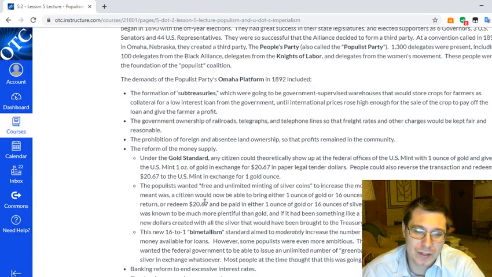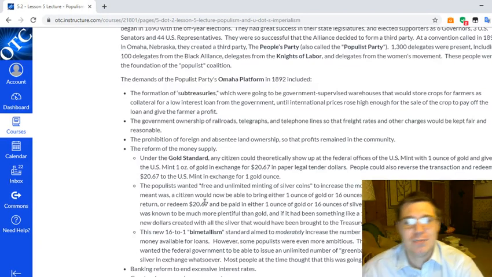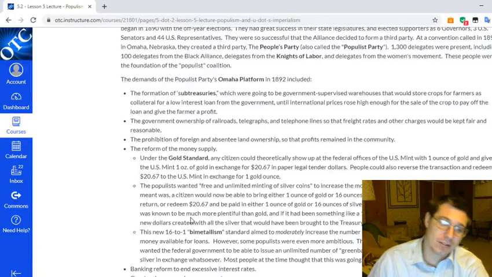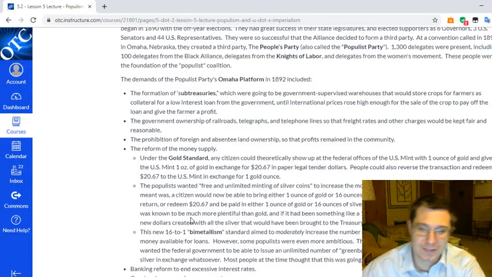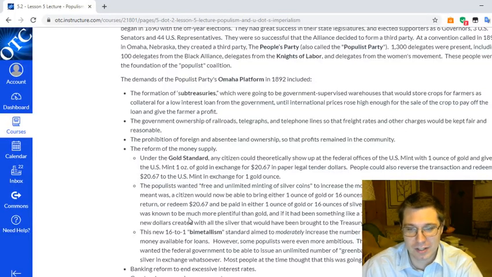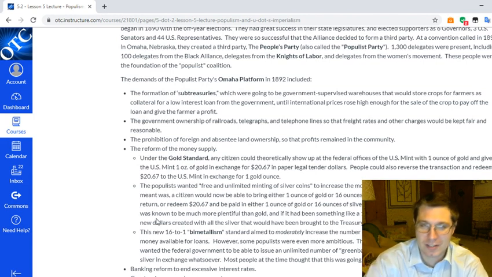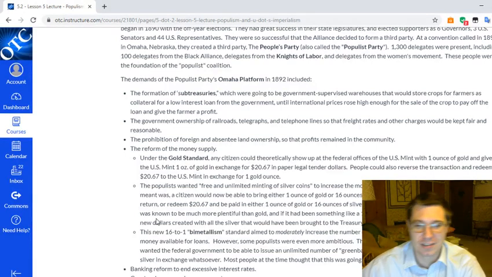The populists wanted what they called free and unlimited minting of silver coins to increase the money supply at a 16-to-1 ratio with gold. What this meant was a citizen would now be able to bring either 1 ounce of gold or 16 ounces of silver to the U.S. Mint and receive $20.67 in paper dollars in return, or redeem those $20.67 and be paid in either 1 ounce of gold or 16 ounces of silver.